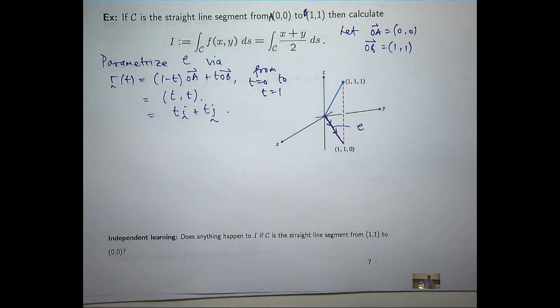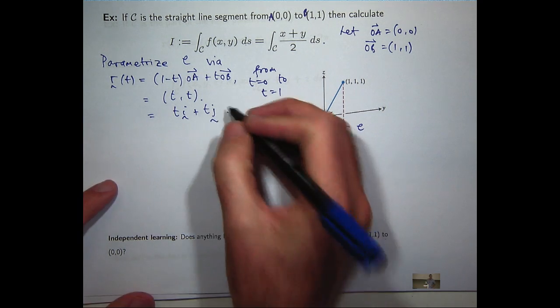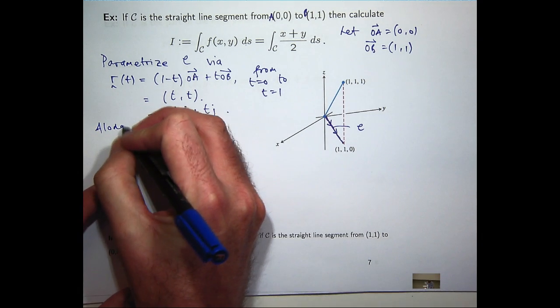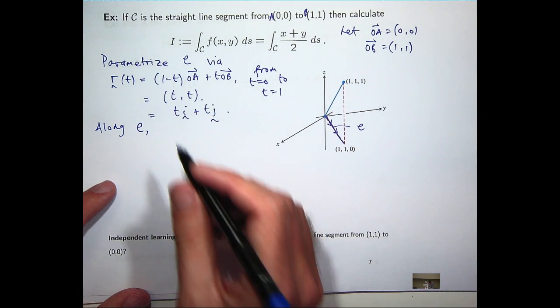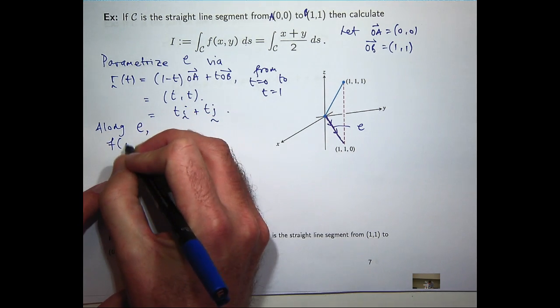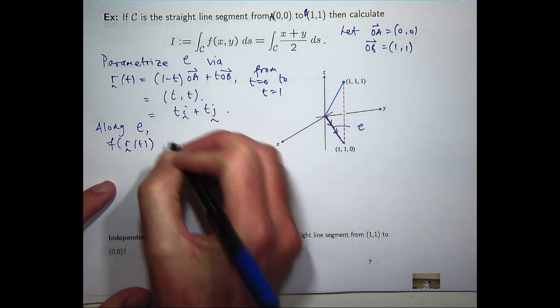Now, what now? Well, I've still got to do a couple of things. I want to evaluate f along that parameterization, and I want to calculate the magnitude of the derivative. So along the curve C, what is going to be this?